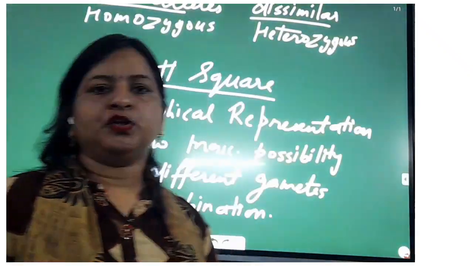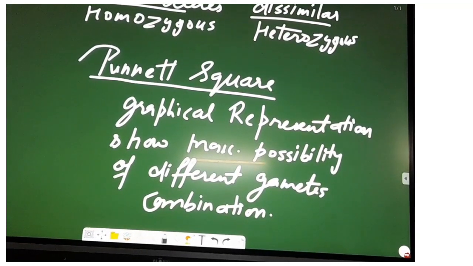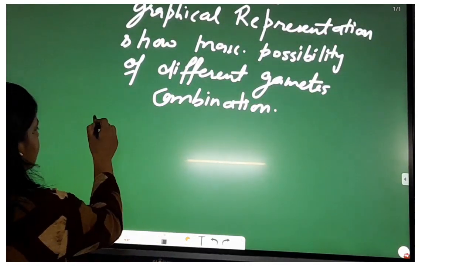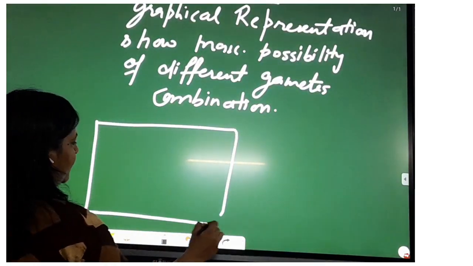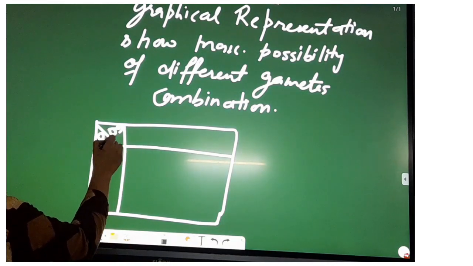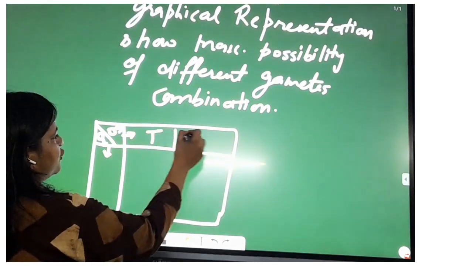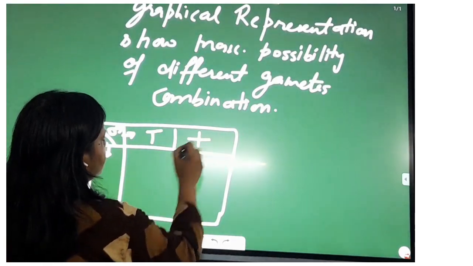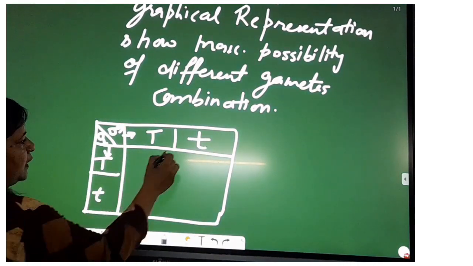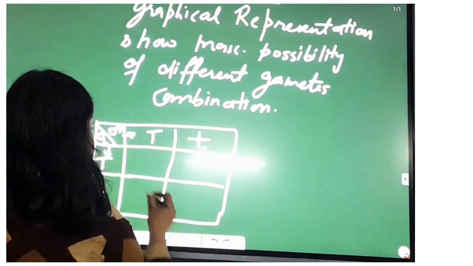It was given by Punnett, a British scientist. The male or female gametes are represented on the top border and the left side. So we have the possibilities of these two gametes in the F1 generation, and these pairs represent the possible combinations of these gametes.